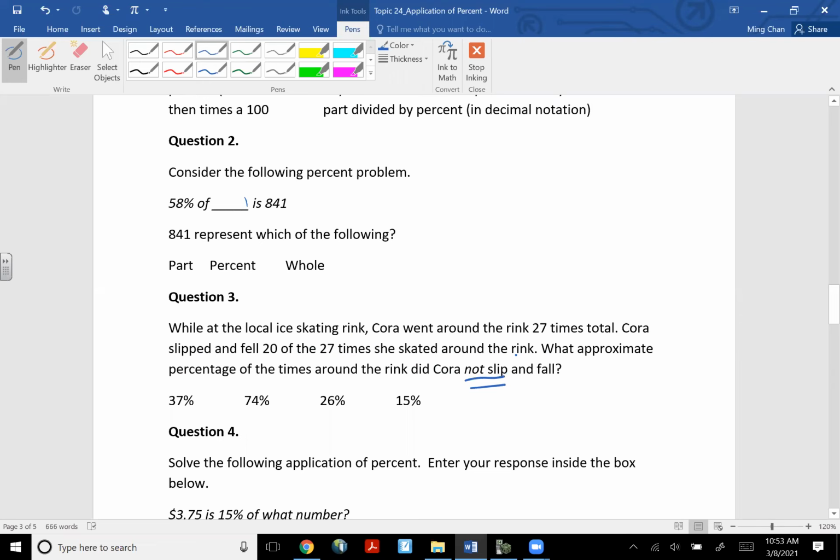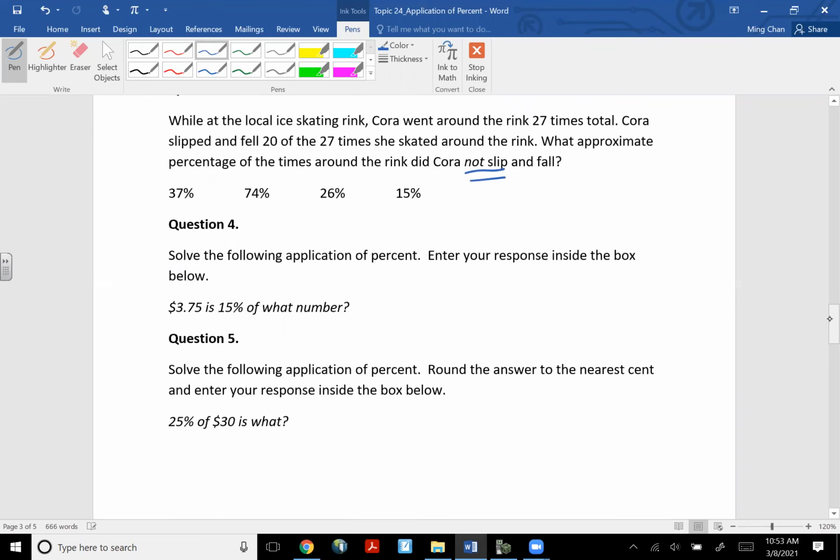Just like earlier, the not spending on the sweater. If you subtract the total number of times she fell, so 27 times around the rink, subtract 20, that's 7 times she did not fall. So that will be 7 divided by 27 and convert to a percent.